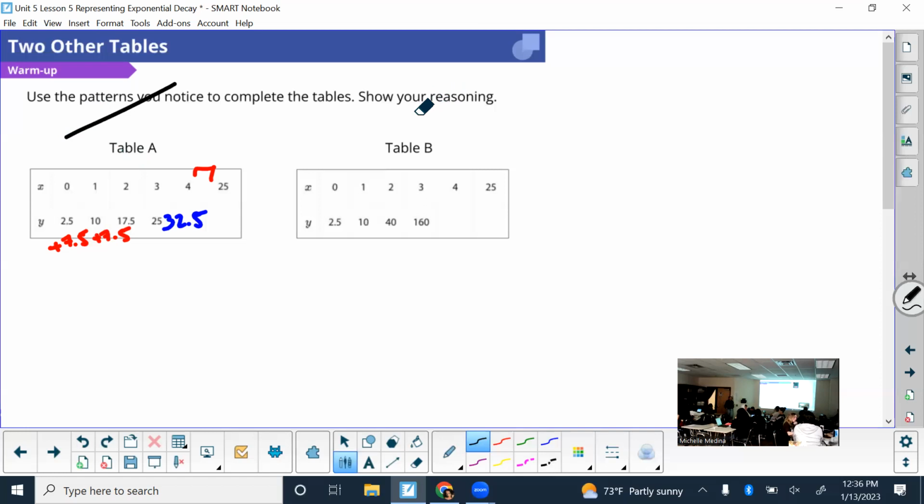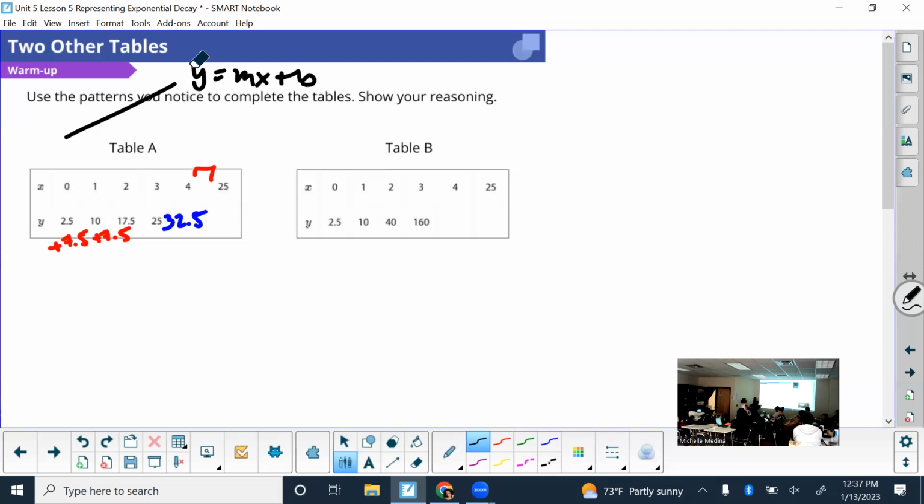What's the formula for straight lines? Table 3? I'm not asking what this table's formula is, just what's the standard formula for a straight line. Y equals mx plus b, good.